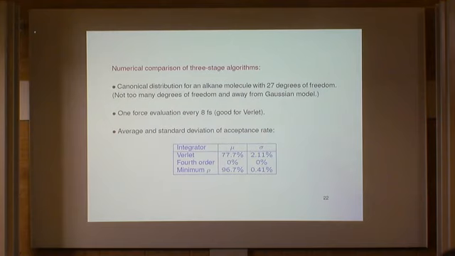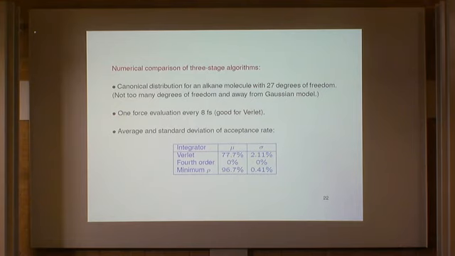Of course, we don't want to sample from a Gaussian because this is automatic in all environments. We want to see how this extends to real-life applications. Like in all these, you derive your method looking at y prime equals lambda y, but then you want to apply it for more things. So this example here is an alkane molecule that has 27 degrees of freedom.